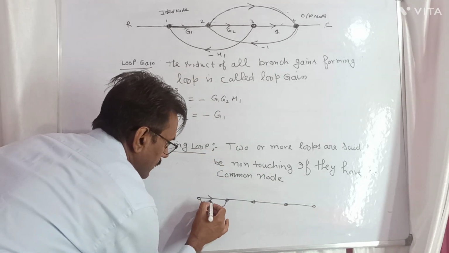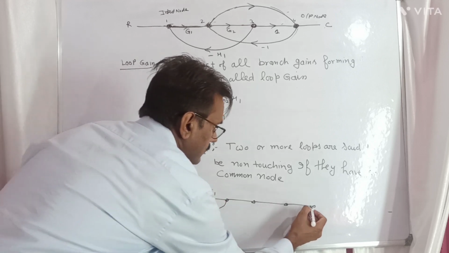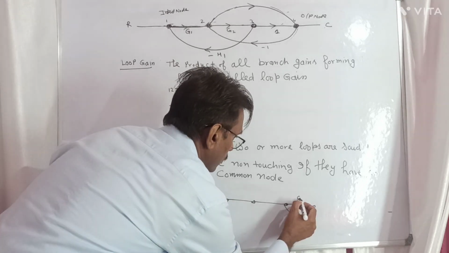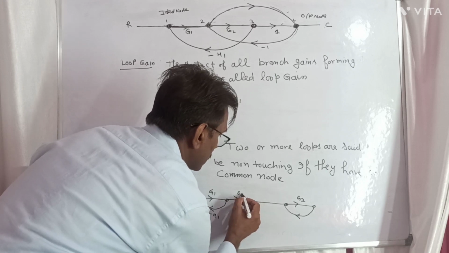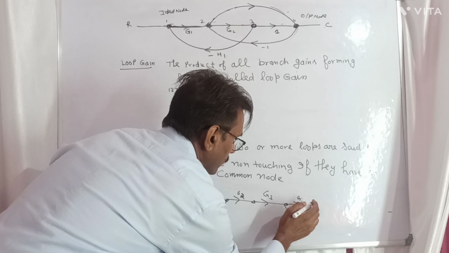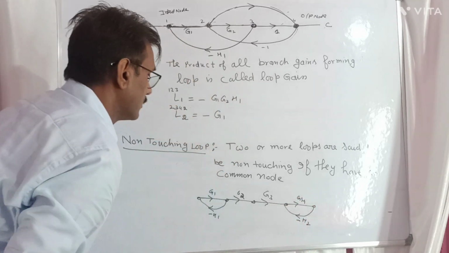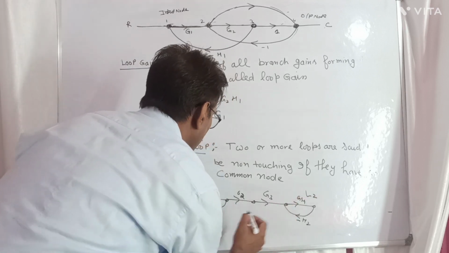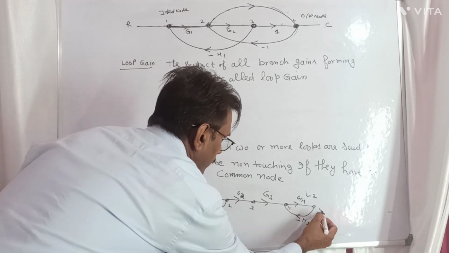So suppose the gain is g1, this is minus h1, second loop is here, gain is g2, this is g2, this is g3, this is g4, this is minus h2. So this loop L1 and this loop L2. First loop is 1 2 3 4 5.